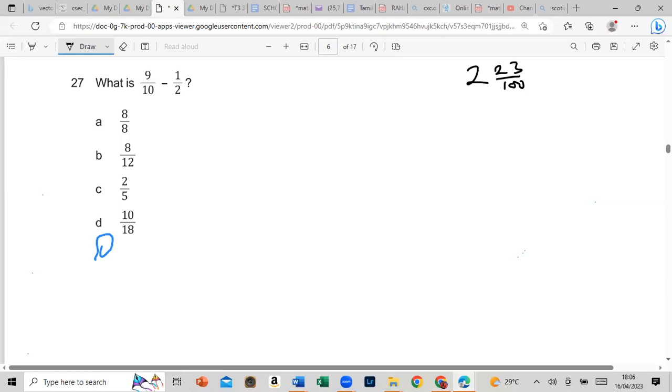How does it work then? Tell us. You have to make the denominators the same. So go ahead and do it then and tell me. So the answer is not there? Really?